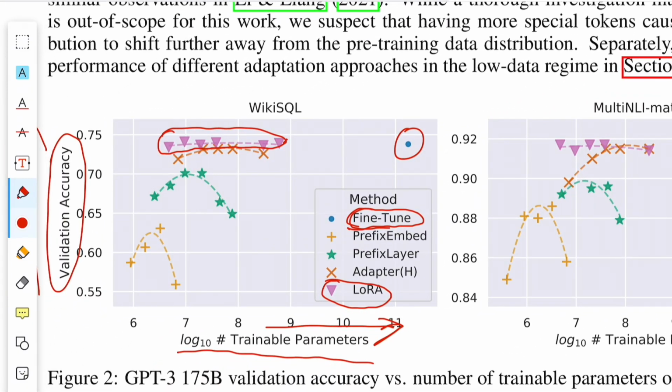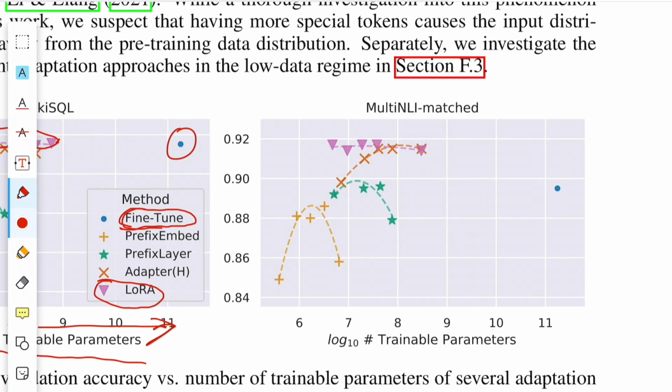As you can see, the accuracy is very stable as the trainable parameters get bigger and bigger. But the other algorithms have a drop in accuracy.